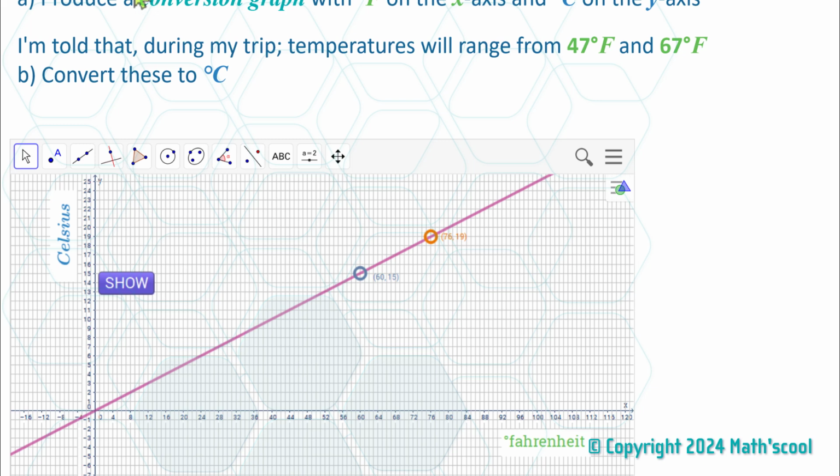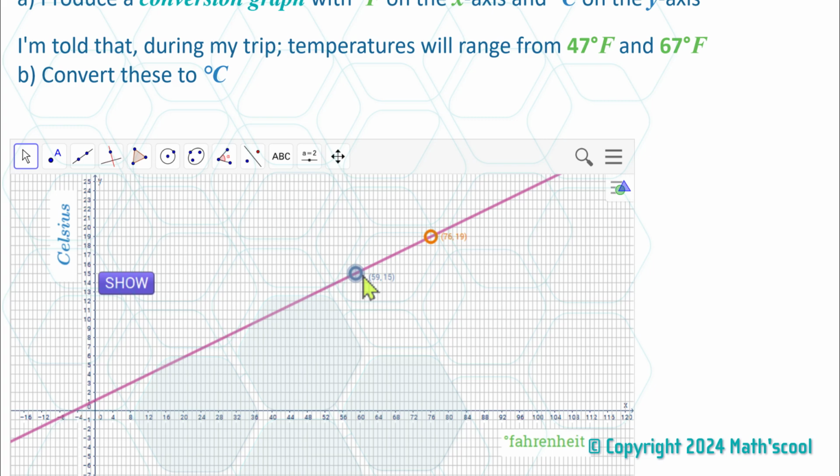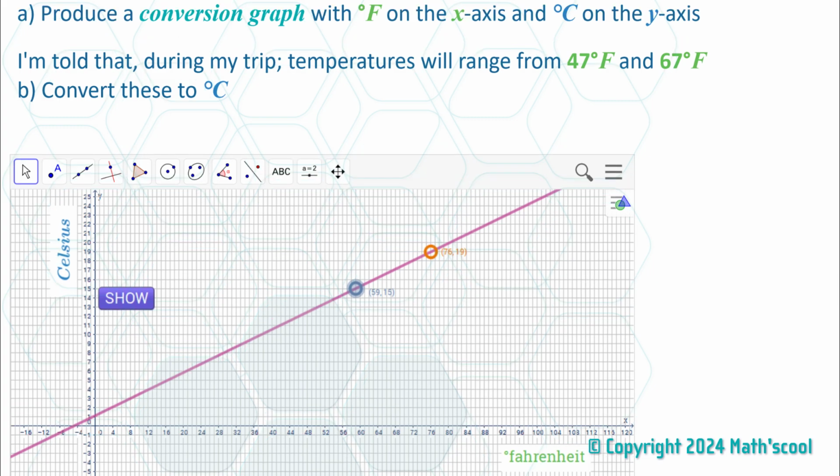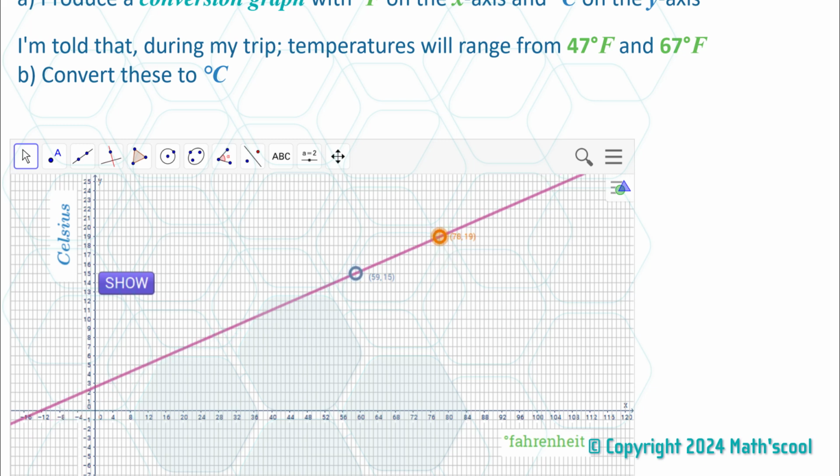So we're going to do 15 is 59 and 25 is 77. So I'll just move these points. 15 is 59. Here we go. And the other one was 25 is 77. So let's move that to 25 and 77.